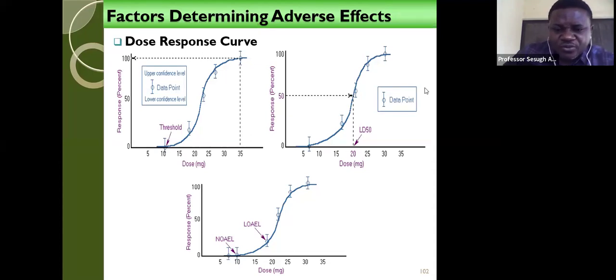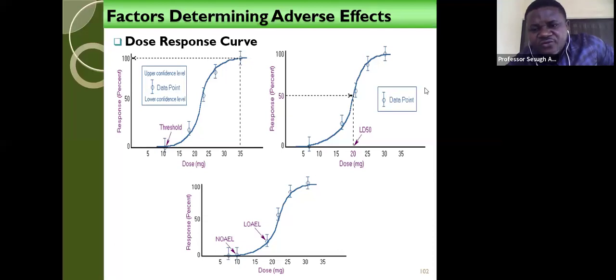You discover that at 10 milligram application, no organism was killed. 0% was killed because there is no observable adverse effect at that point. So we refer to that as the threshold.